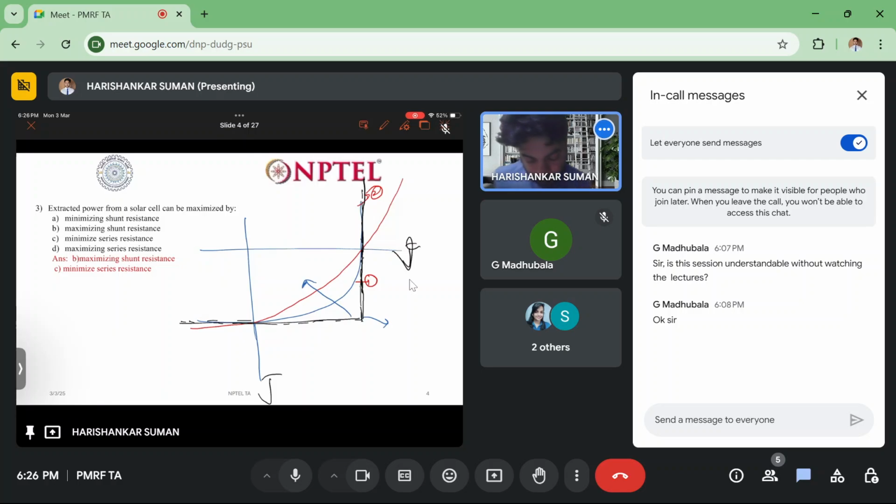Okay. So a question like that: let's say this is 3. Which one has more power? Please arrange the IV curves in order.